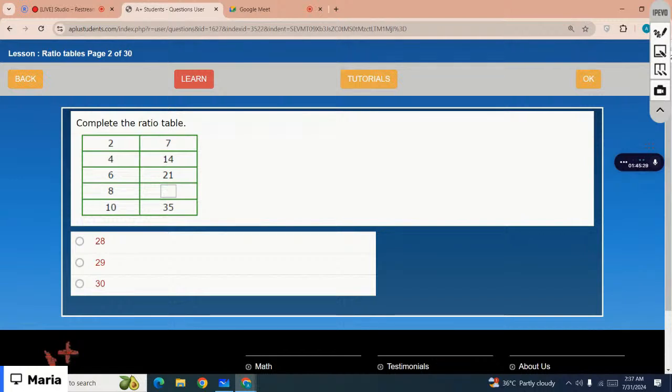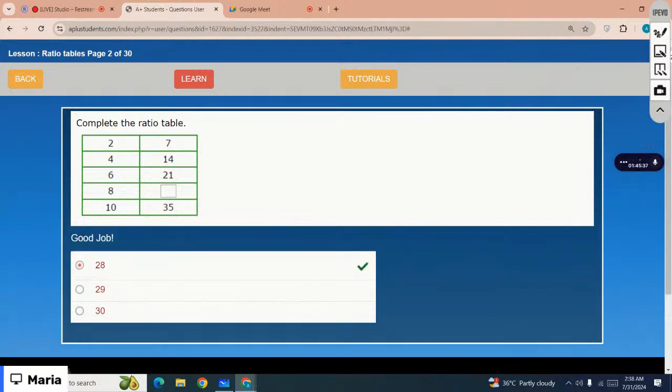So the correct option is 28. Here you have the table of 7. 7, 14, 21. So the next one is 7 times 4. So the correct option is 28.